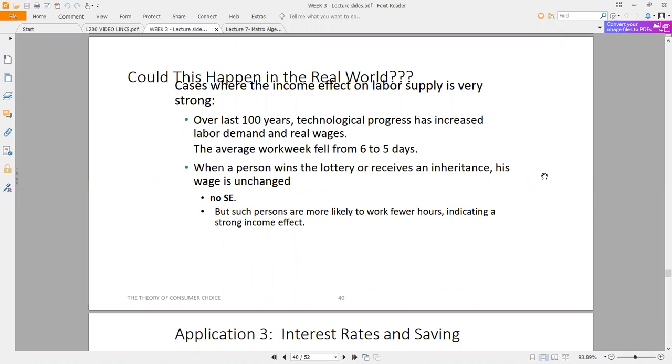But the question is, does it really happen like that, where the real wage increases and then we see labor supply falling? Can the income effects be as strong as that? There is some evidence that over the last 100 years, because of technological progress, there's been an increase in labor demand because people are creating more jobs, producing more commodities and all that.